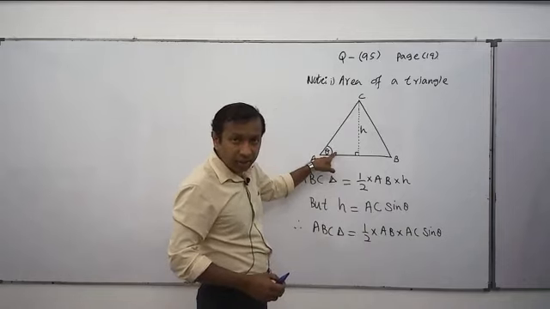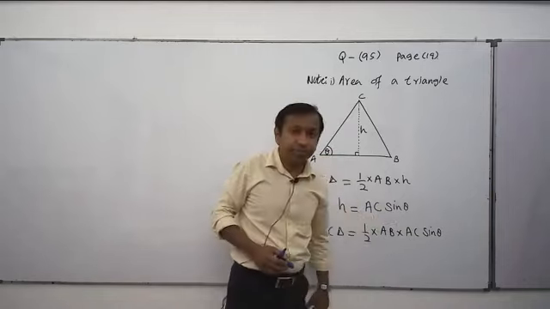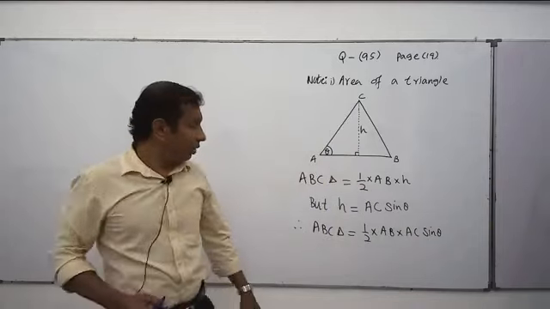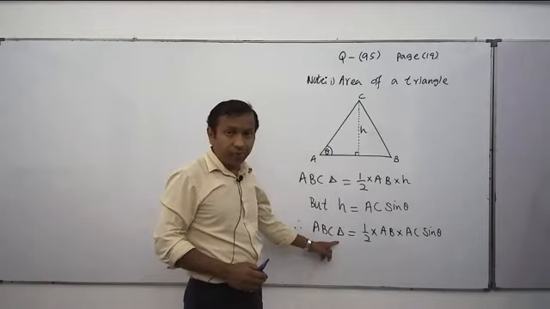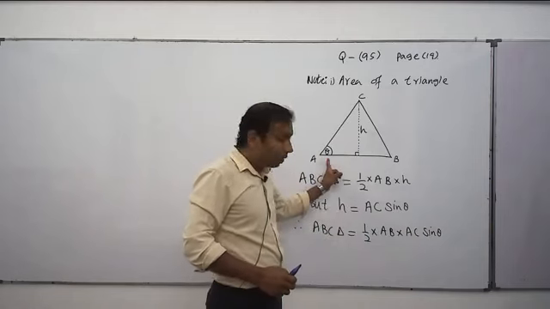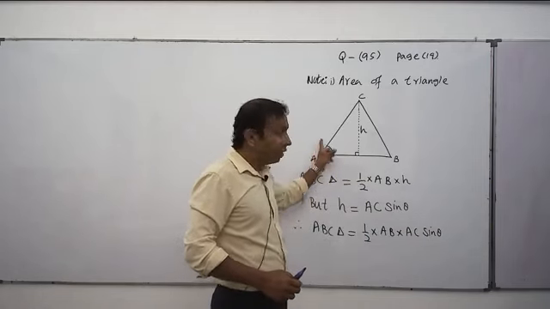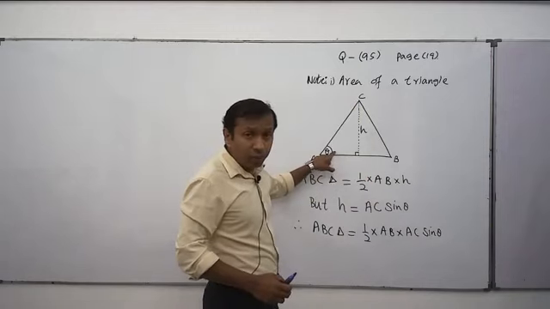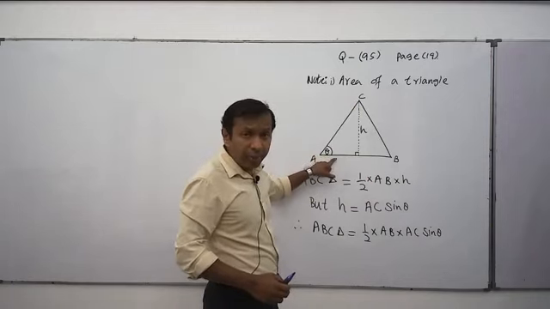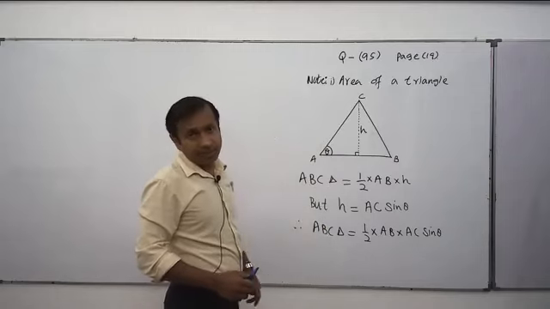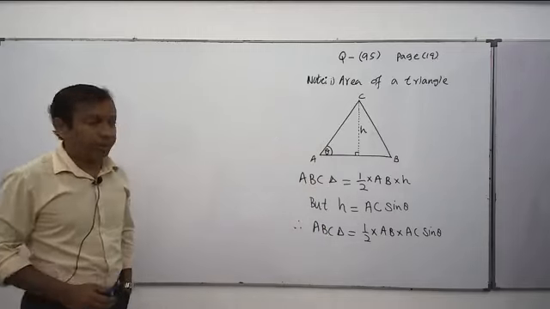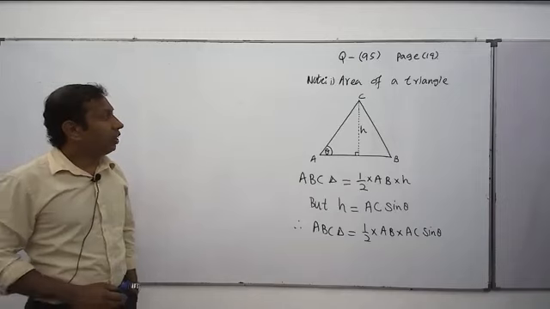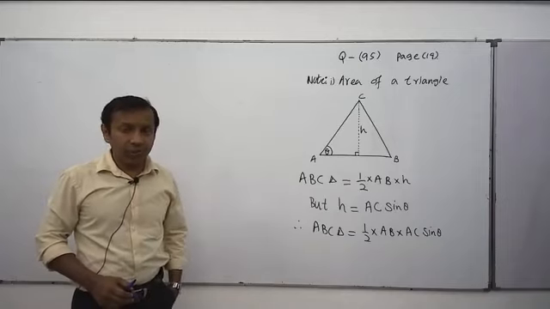Theta. Sine of this angle, theta. Understand? Right? ABC triangular area is equal to half AB multiplied by AC multiplied by sine value of the angle between this AB and AC. Understood? Right. That is the area of a triangle. You know this already, but you have to write down that.